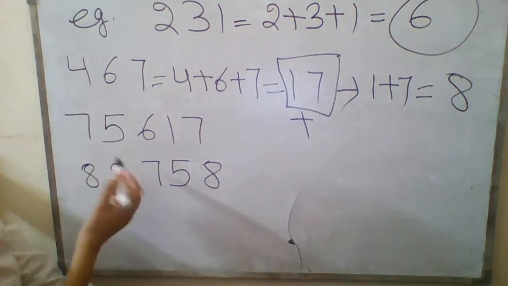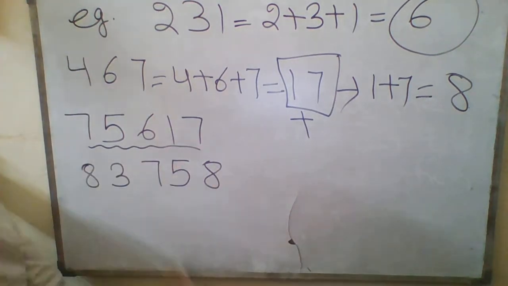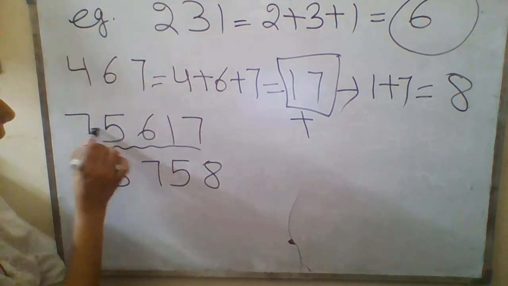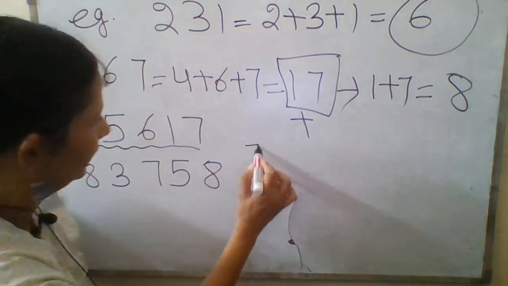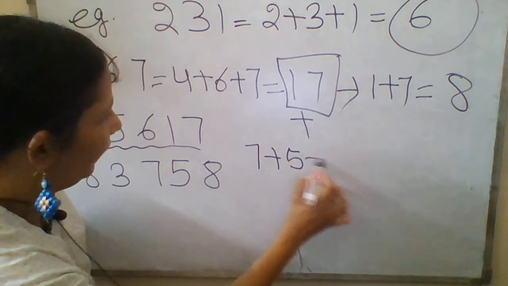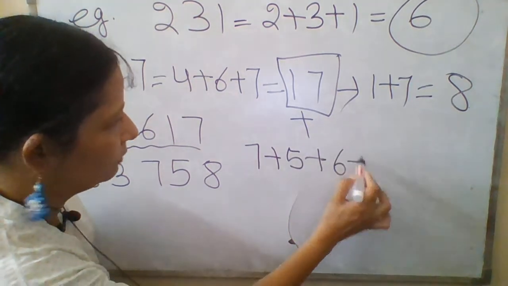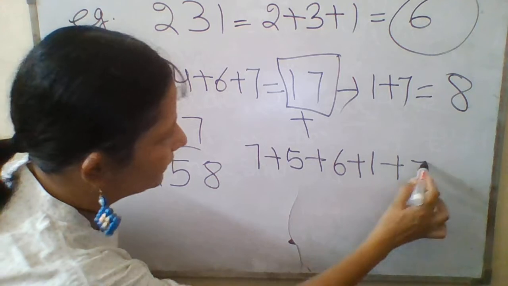Now here you can see all these digits. You will have to add all these digits. 7 plus 5 plus 6 plus 1 plus 7.